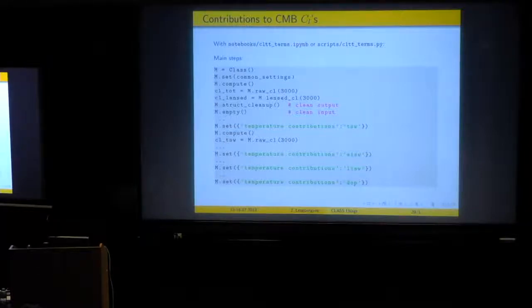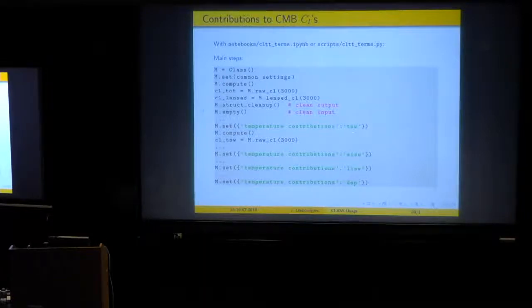Then, okay, no need anymore to clean. Then you want to call class another time, this time only with the temperature and Sachs-Wolf contribution. It was a magenta, it was a cyan curve before. So you have this variable, temperature contributions, which is documented in explanatory.ini, which expects a list of effects.